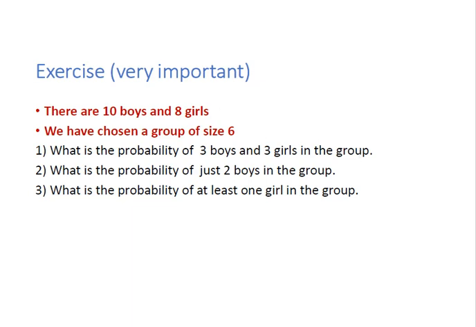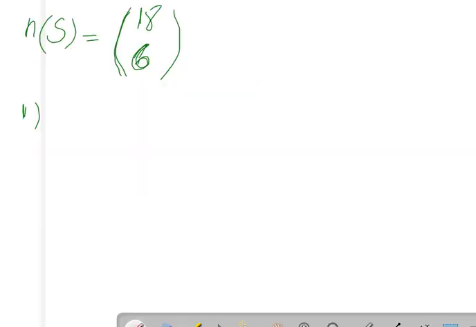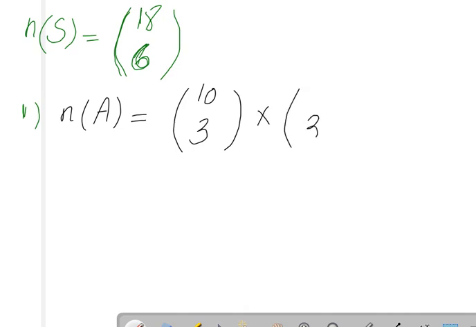Okay, so NA is 3 boys, and now gender is important. 3 boys from 10 boys and 3 girls from 8 girls.